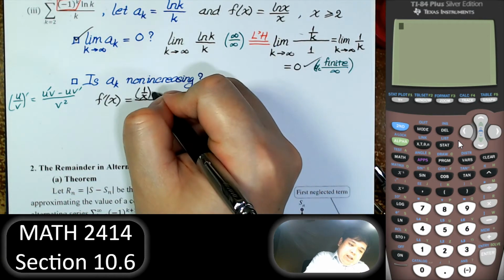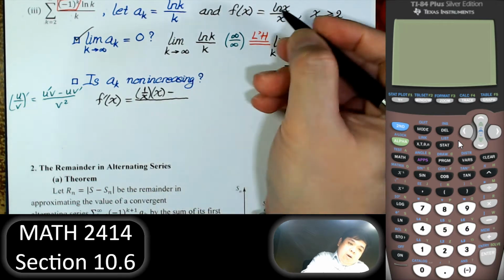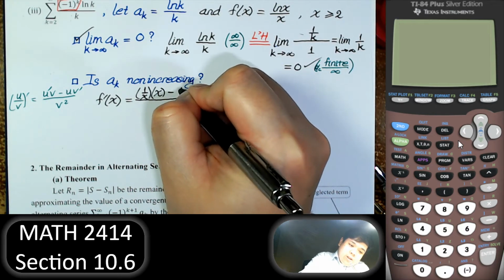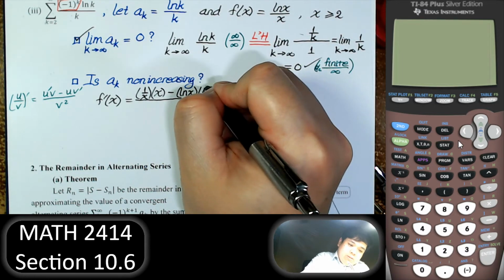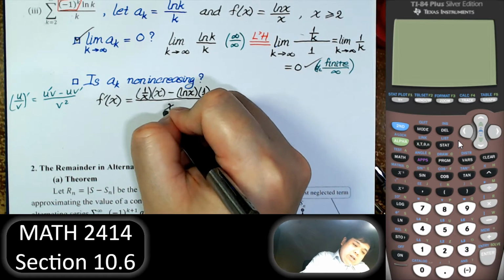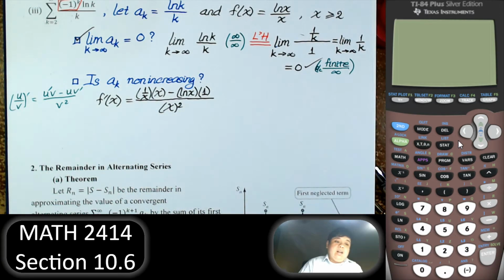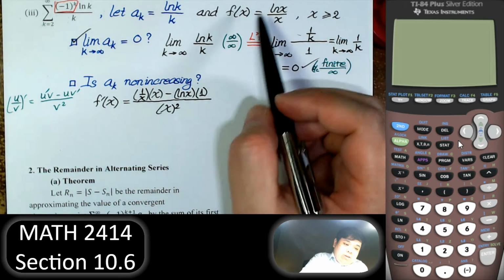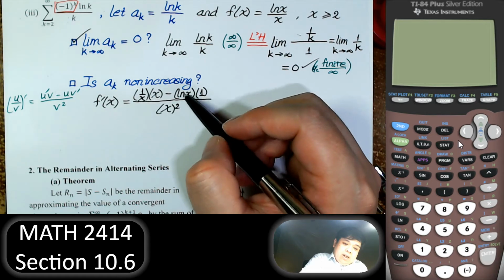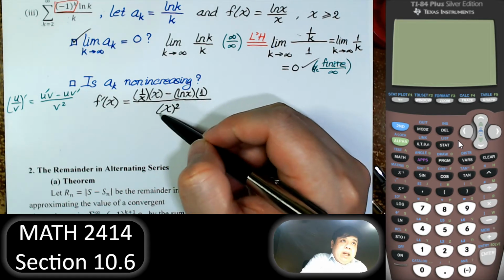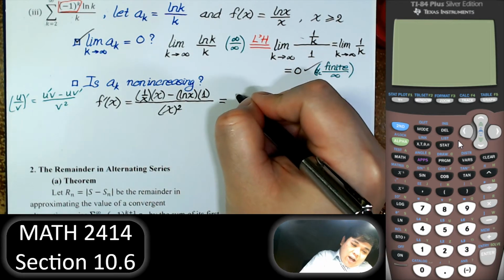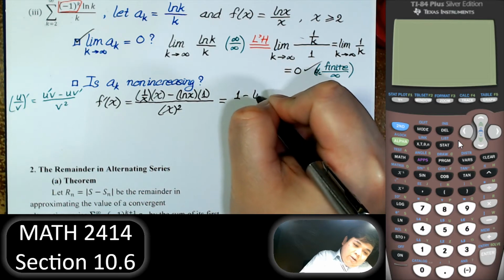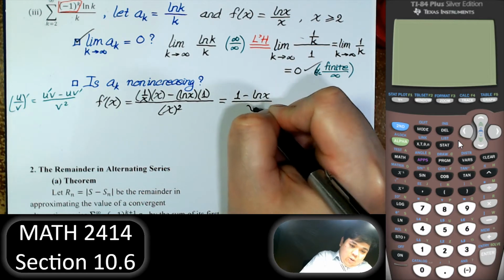So u prime v minus u v prime, over v squared. That is the quotient rule: the derivative of the top times the bottom, minus the top times the derivative of the bottom, over the bottom squared. 1 over x times x cancels out, and we have 1 minus ln of x, over x squared.